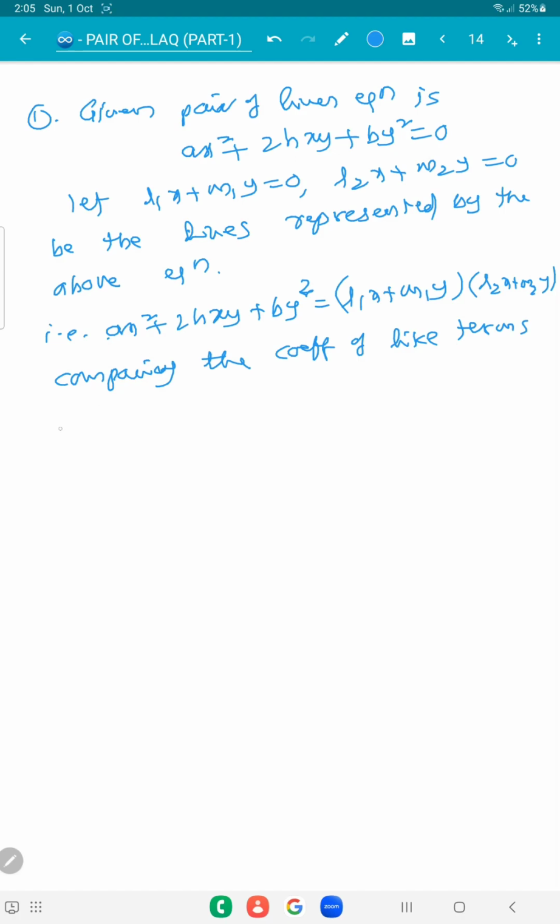Quotient of x square is a here. On the right hand side, quotient of x square is L1 L2. Quotient of xy is 2h on the left hand side. Right hand side is L1 M2 plus L2 M1. What is y square quotient? Left hand side is b, right hand side is M1 M2. Done.